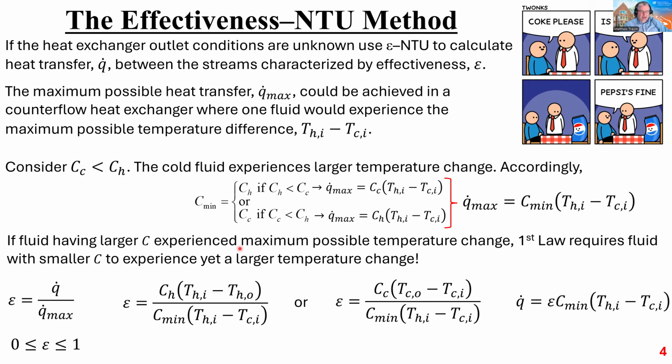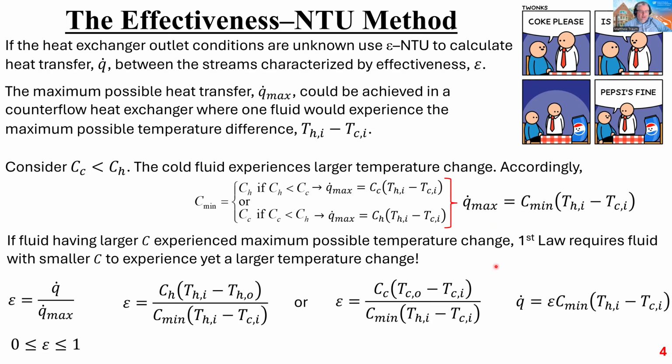So the maximum heat transfer that you can get and still obey the first law of thermodynamics is the one associated with the fluid that has the smallest thermal capacity. So if you think it through, it does make sense. But a lot of times, like I said, students get this mixed up. Qmax, Cmin, right? They do go together in this construction, even though one is max, the other one's min.